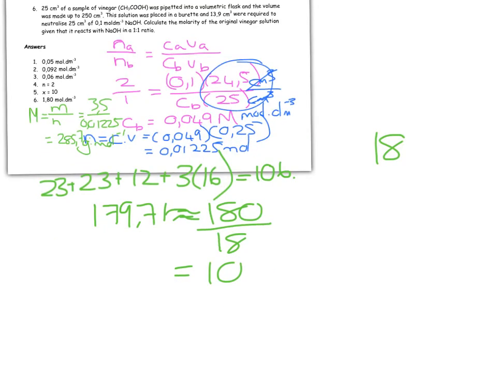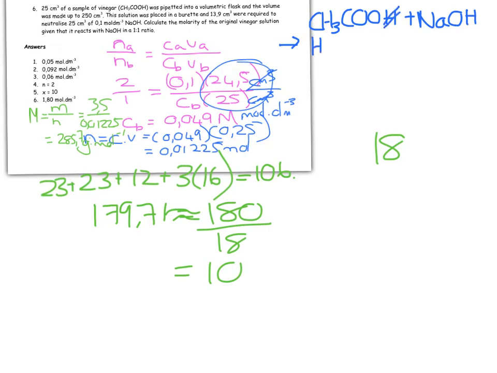So first things first, we are going to have to work out our balanced chemical equation, and we have got vinegar, which is COOH, and sodium hydroxide, and you should know from your organic chemistry last year that this acid only loses 1 hydrogen.